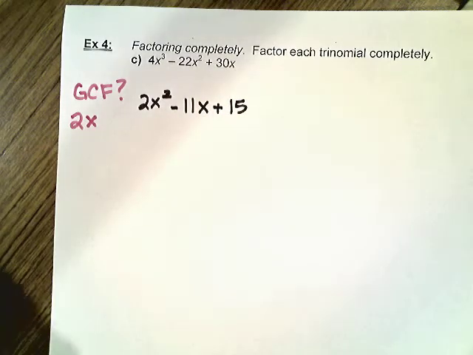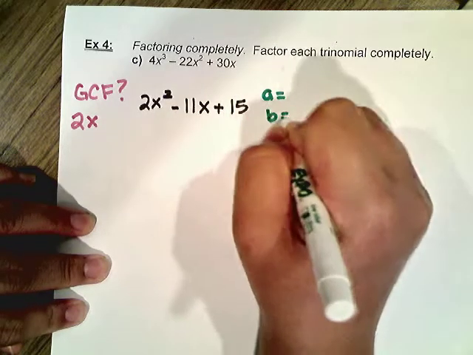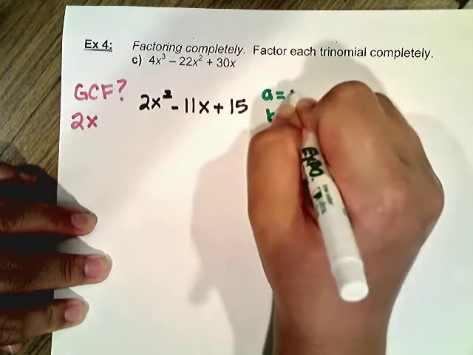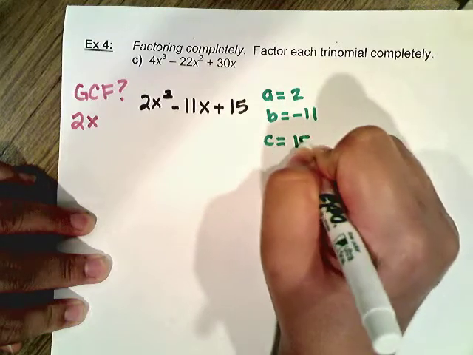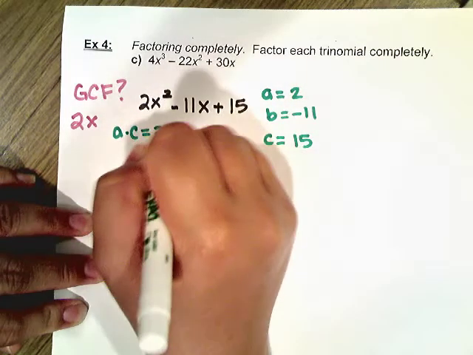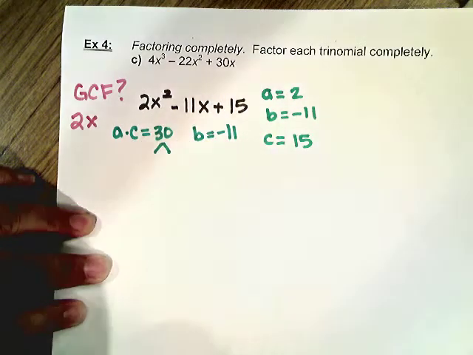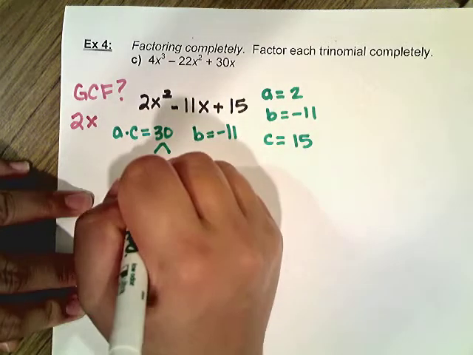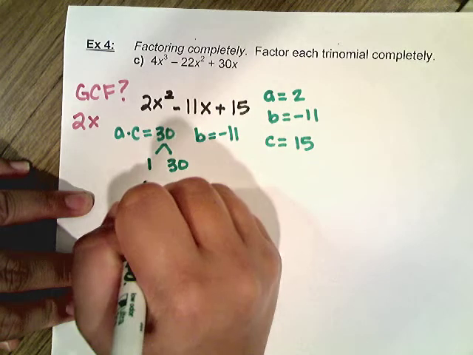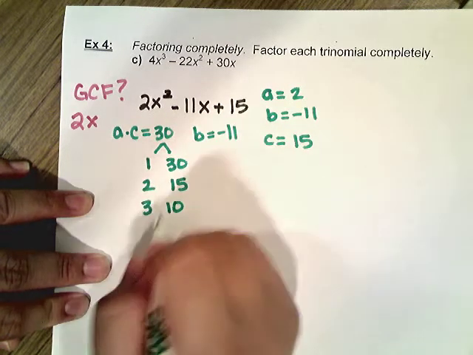And now, like we've done so many times, identify our a, b, and c values. 2, negative 11, and 15. A times c is 30. B is negative 11. Our factors of 30: 1 and 30, 2 and 15, 3 and 10.